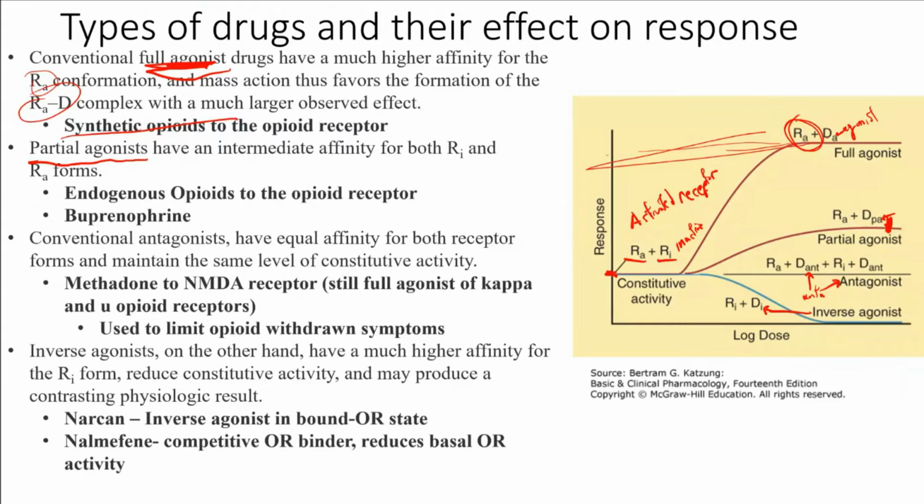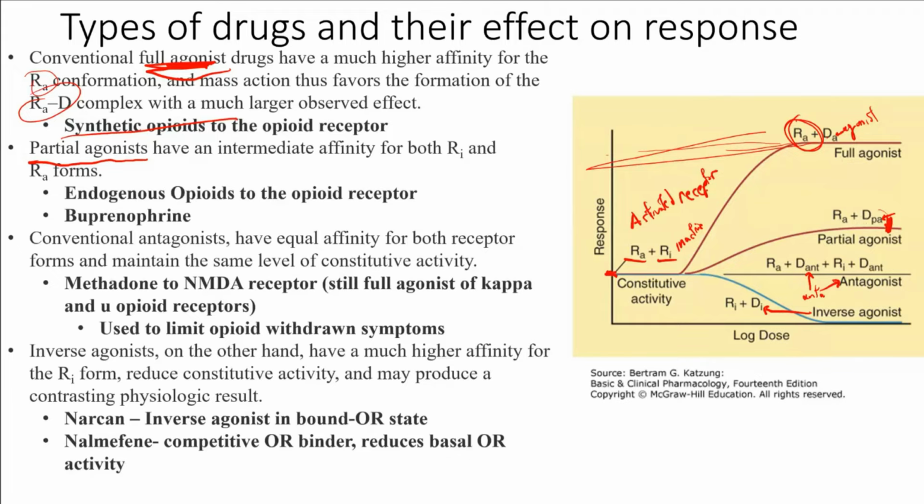For example, endogenous opioids, so endorphins. Endorphins make you happy, make you feel euphoric, but it's not an intense response like fentanyl. You won't OD from endorphins because even if you took a crap ton of artificial endorphins, if you just injected it into yourself, you're not going to get to full activity of your opioid receptors, because the drug itself leads to only a partial activation.